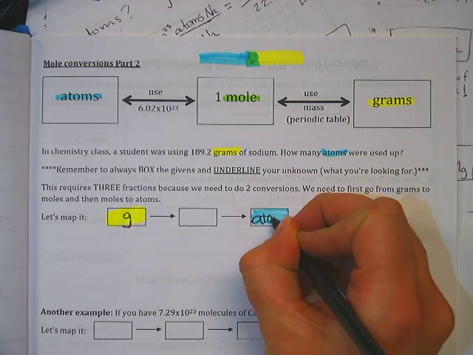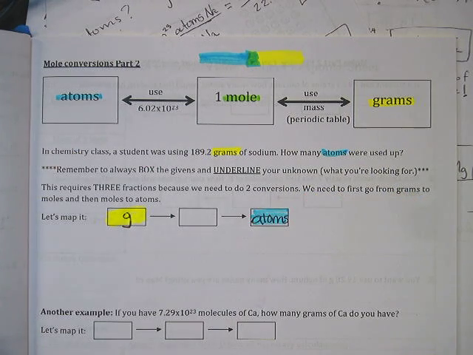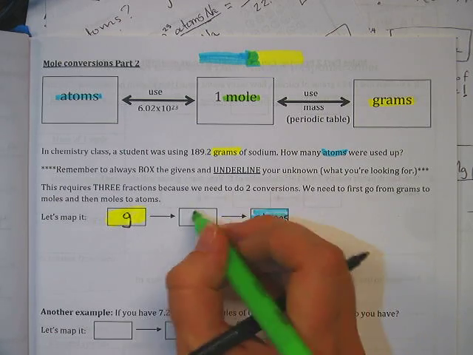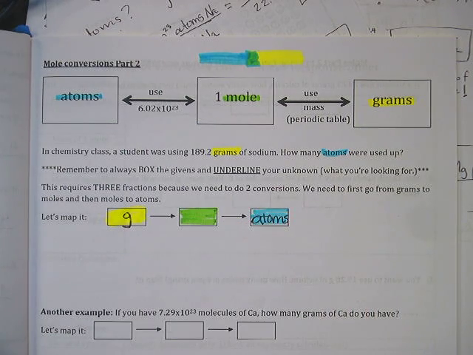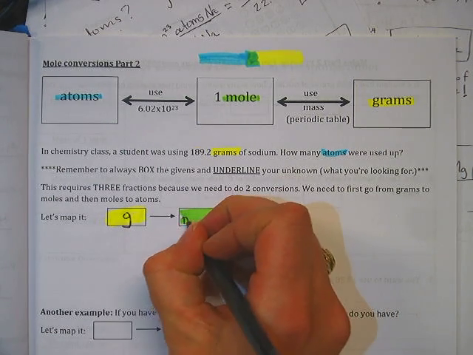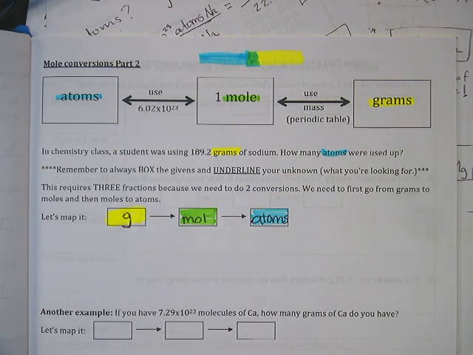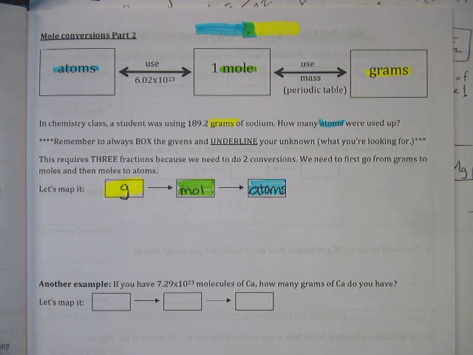In the middle of yellow and blue, we have to have green, moles. Moles in the middle. They have to go in the middle. Not an option. It's a mandate. You have to put green moles in the middle.